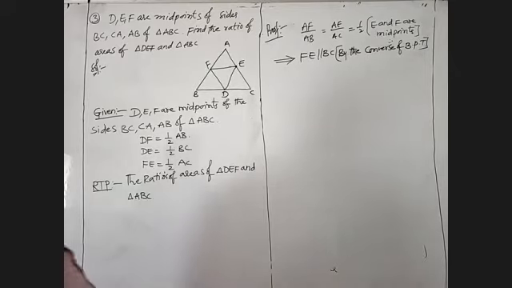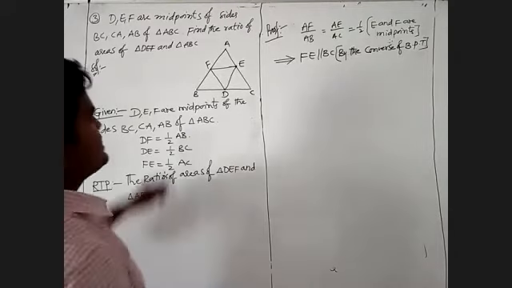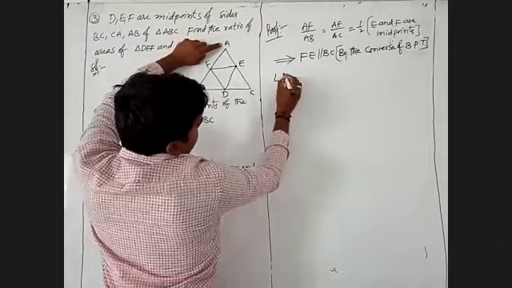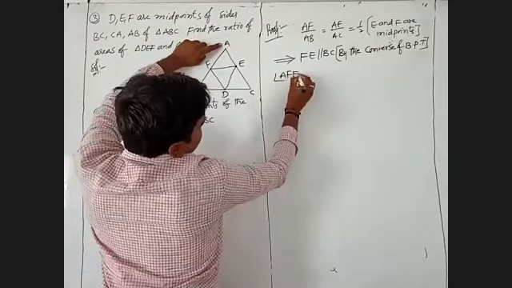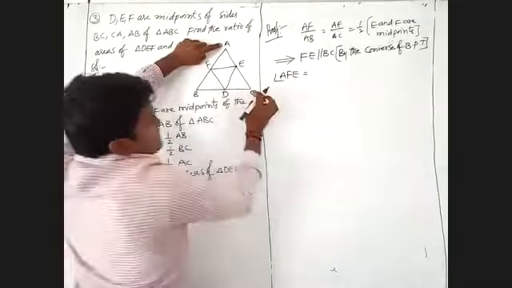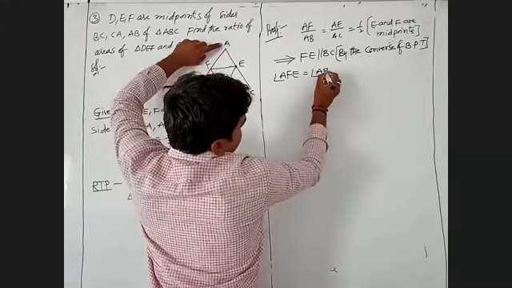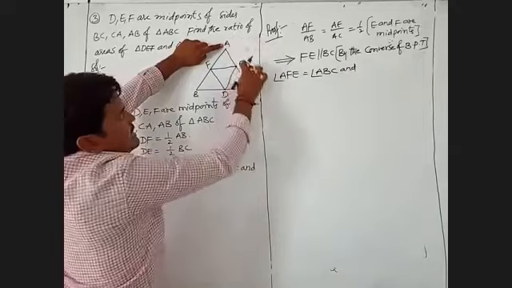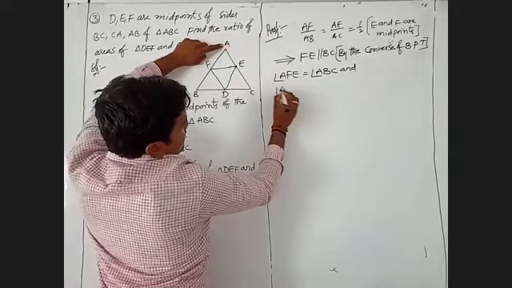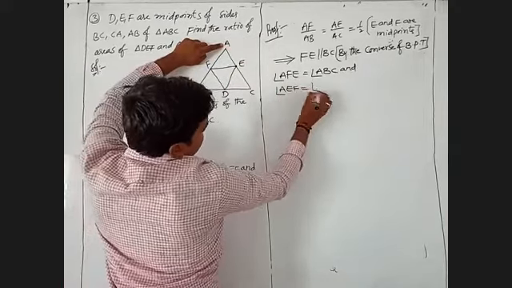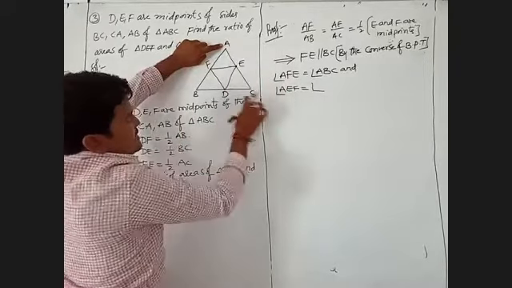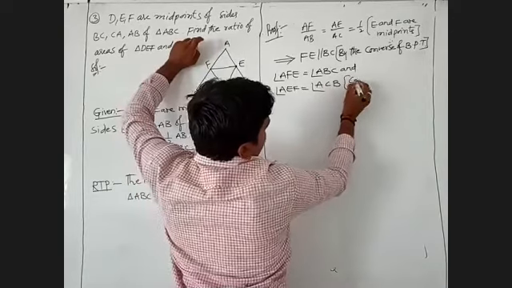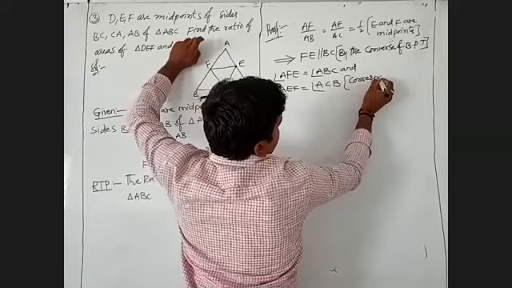After that, angle AFE is equal to angle ABC. And again we will get angle AEF. Angle AEF is equal to angle ACB. Both are corresponding angles.